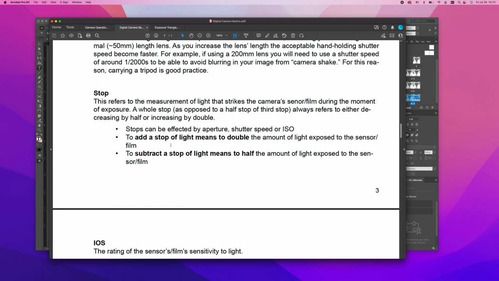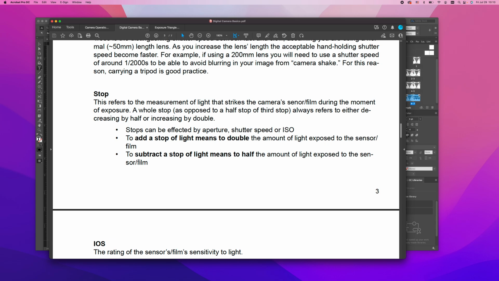And to add a stop of light means to double the amount of light exposed to the sensor or the film. And to subtract a stop of light means to cut the amount of light exposed to the sensor or film by half. You may refer to this as opening up or stopping down when you're talking about your aperture, but just know that that's what a stop means, okay?